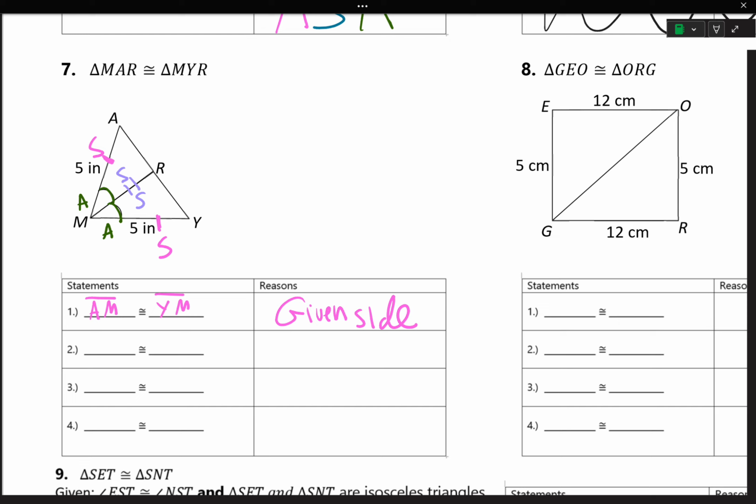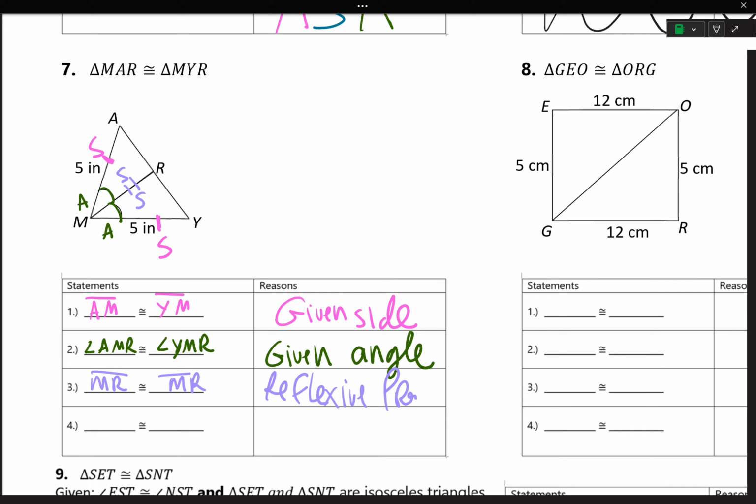We have the two angles, AMR and YMR. And then finally we have that middle side, MR, that's congruent to MR because of the reflexive property. So triangle MAR is in fact congruent to triangle MYR by side, angle, side.